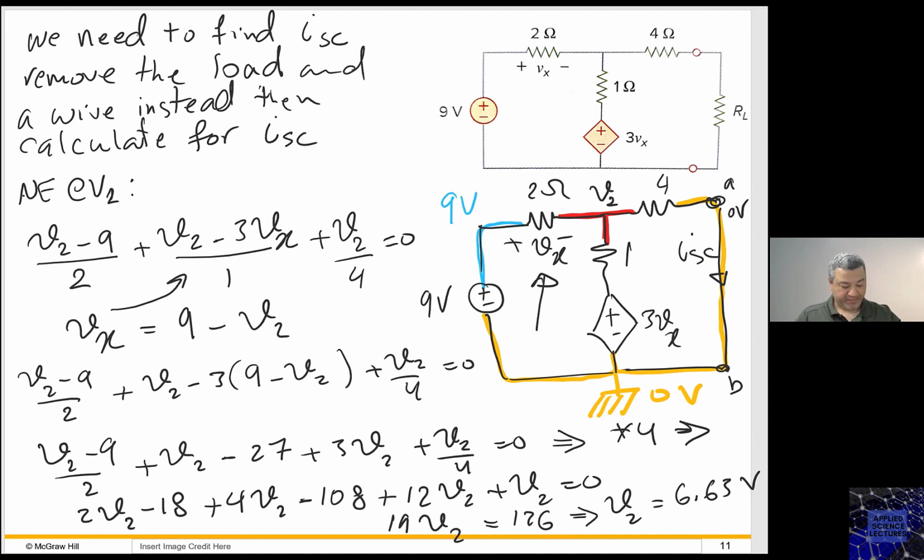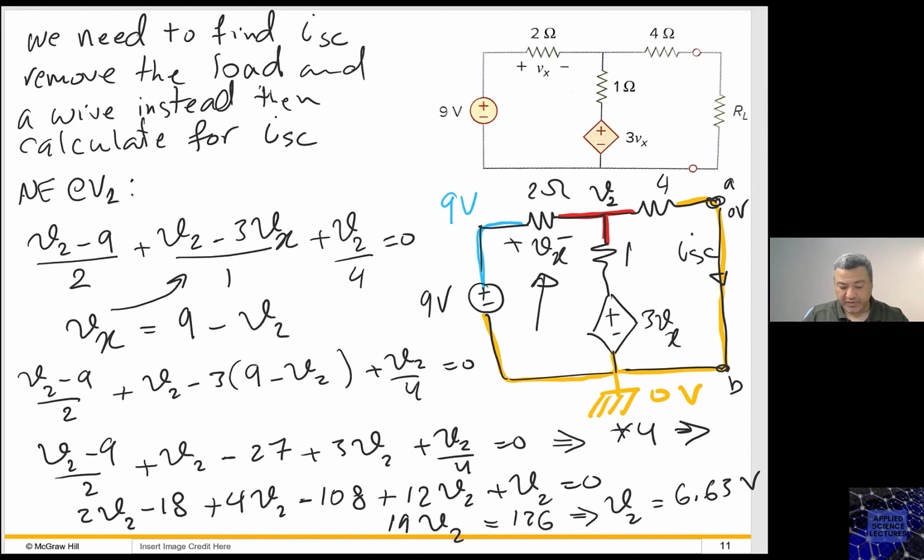Is this correct? So here 2V2 minus 18 plus 4V2 minus 108 plus 12V2 plus V2. So we have 2, 6, 18, 19. So V2 is 6.63.